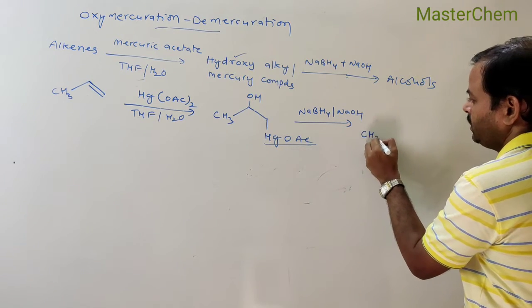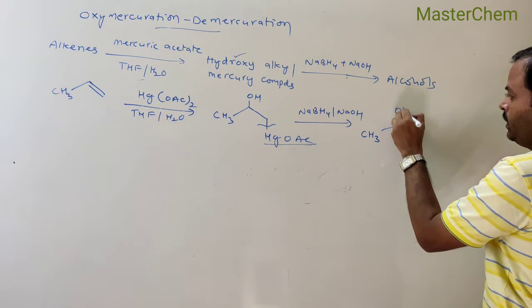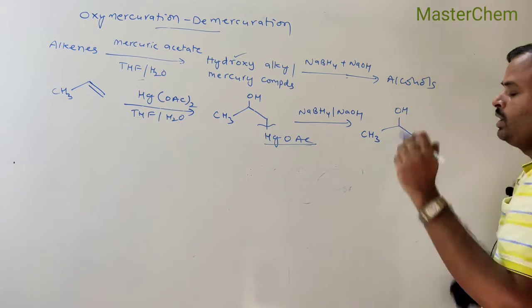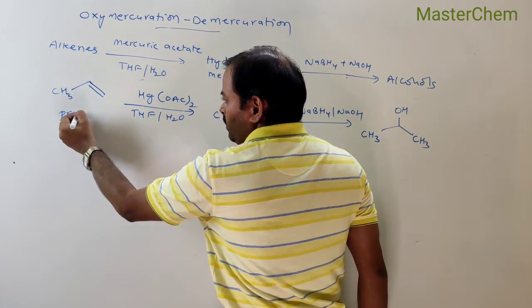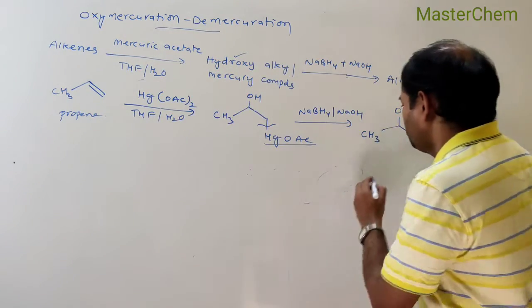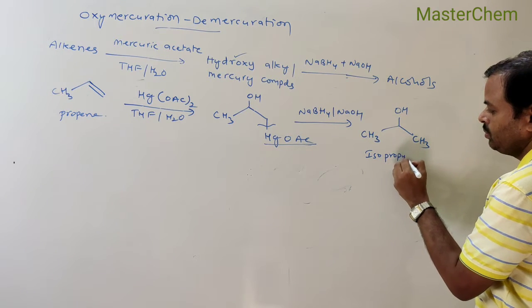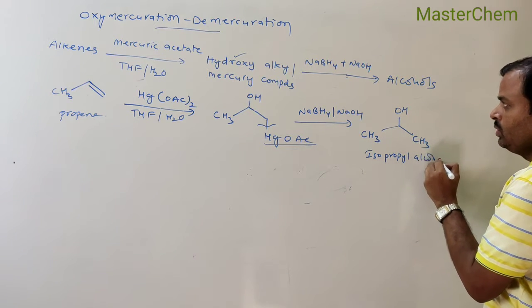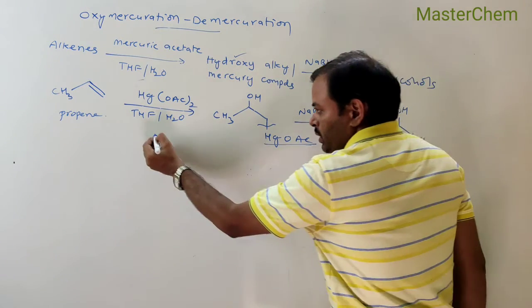what does it give? A reduction takes place here, and it gives propene. What is the final product? Isopropyl alcohol. Okay, alcohols are formed. This is an important point.